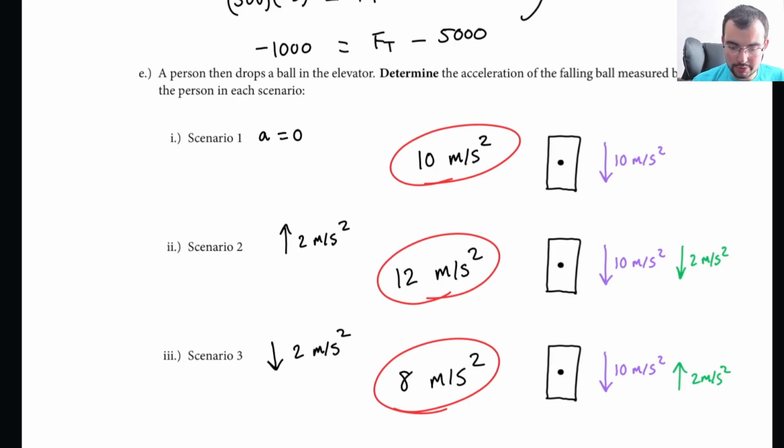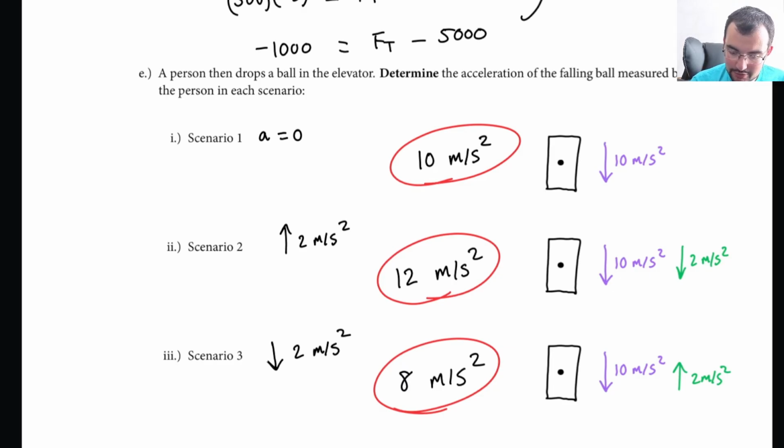In scenario two, yes, you're dropping the ball downward, so it would accelerate down at g, but also the floor is accelerating at you at 2 meters per second squared. So not only is the ball accelerating towards the floor, the floor is accelerating towards the ball, and they're getting closer together. So the 10 and 2 add together, resulting in a net field of 12 meters per second per second.